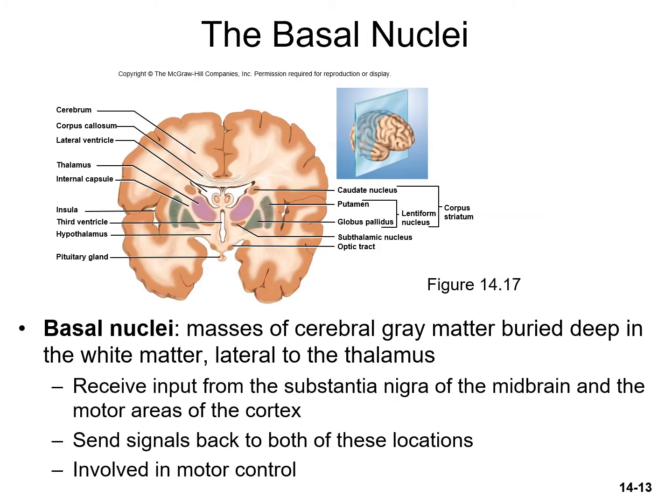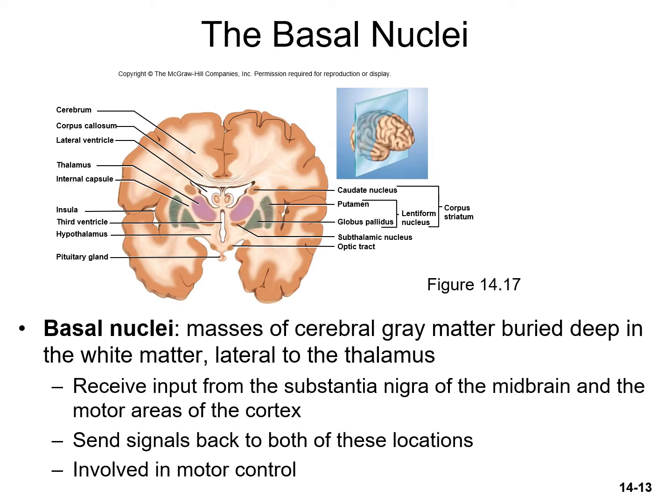Okay, basal nuclei. These are masses of cerebral gray matter buried deep in the white matter and lateral to the thalamus. So this is just part of an overview of the types of gray matter that you'll find in the cerebrum. So the one that we just covered is your cerebral cortex, which is this outer layer. Now we're looking at the basal nuclei.